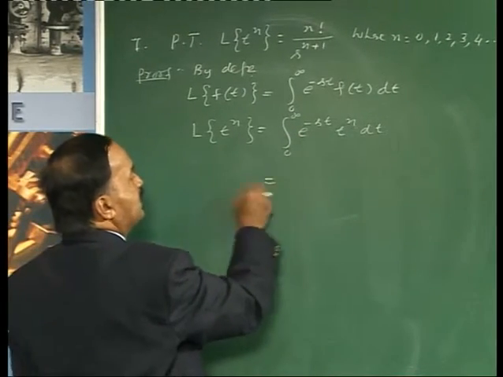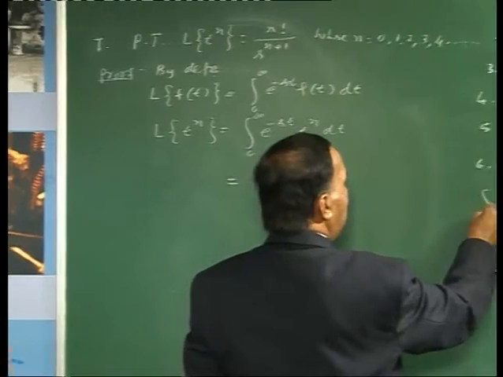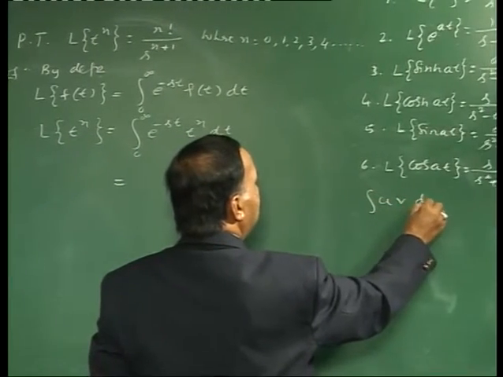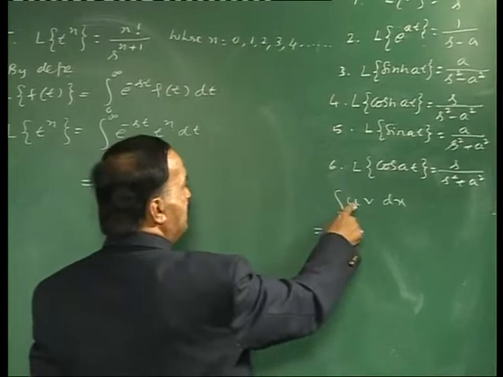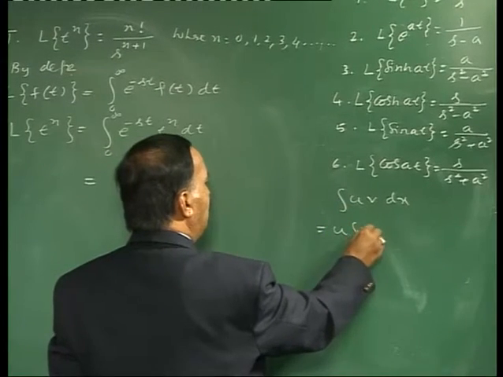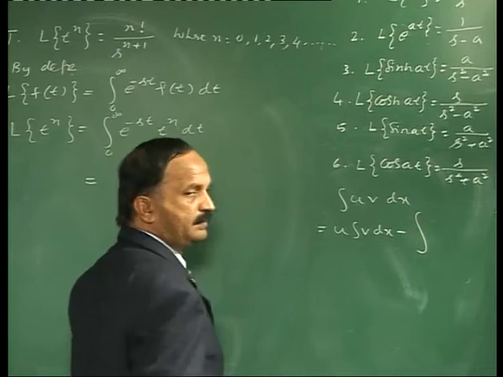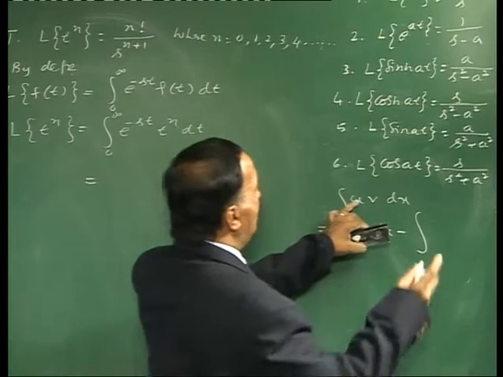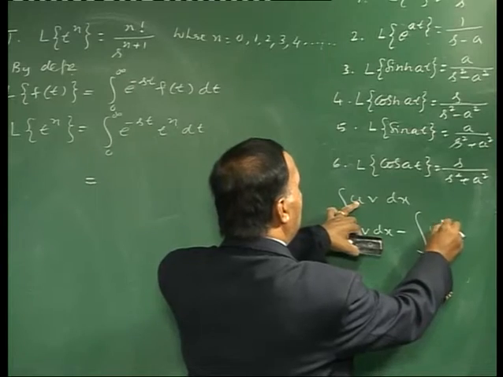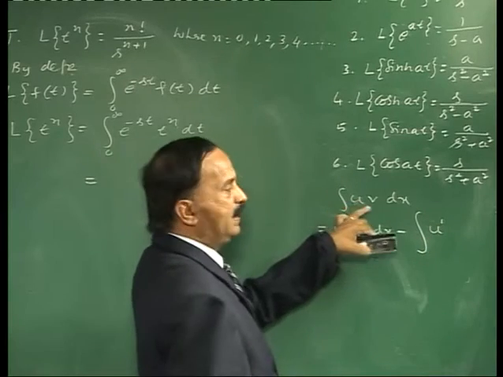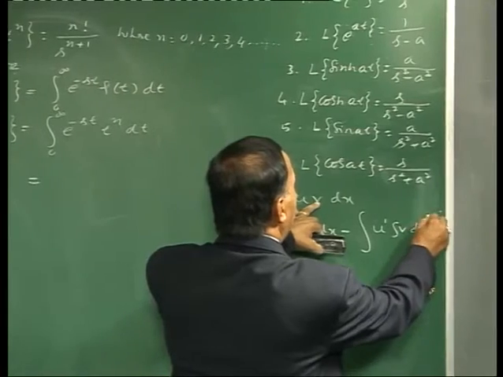We know integration by parts. Integration by parts is the integral of uv dx equals first function u into the integral of v dx, minus the integral of the derivative of first, that means u dash or du by dx, into the integral of second, the integral of v dx, into dx.